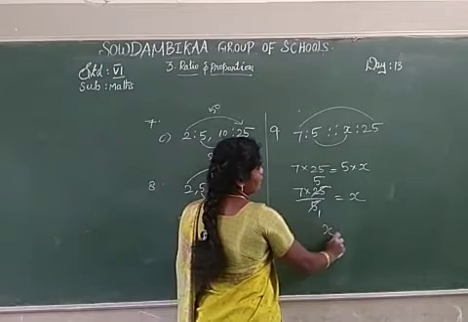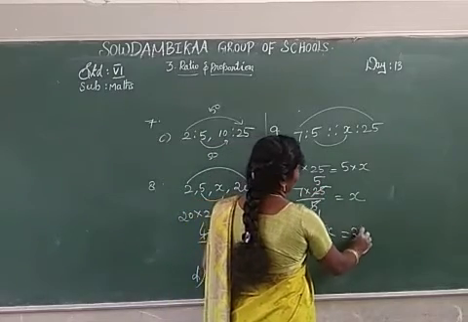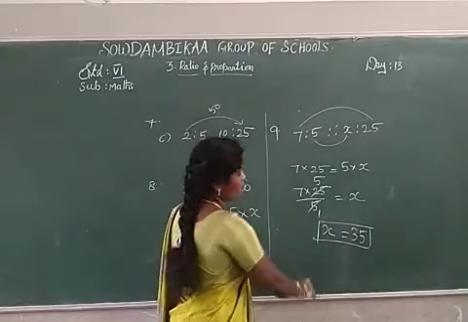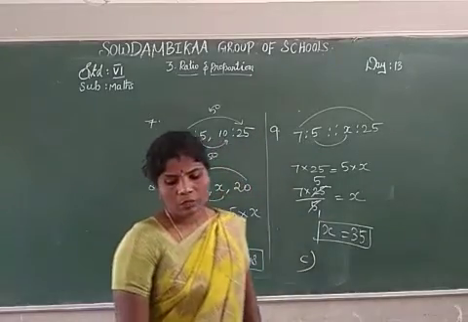So x is 7 5s, 35. The answer is 35. Which one is the answer? C is the answer.